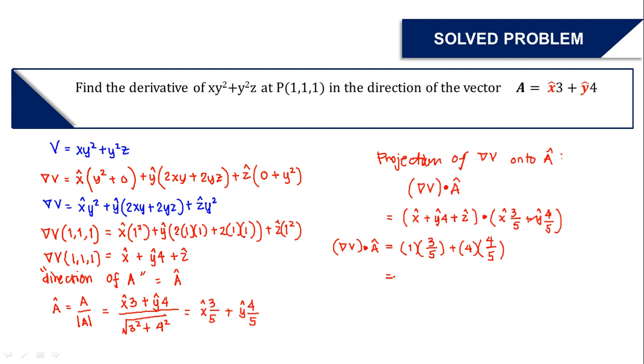It is now equal to 19 over 5. So, yan naman yung projection ng ating derivative sa direction ng A. Okay? So, yun yung ating sagot. So, lumalabas na yung ating slope nung scalar function na to at point 111 in this direction is 19 over 5. Okay? Sana nakasunod tayo dyan. Okay? Let's move on to the next.